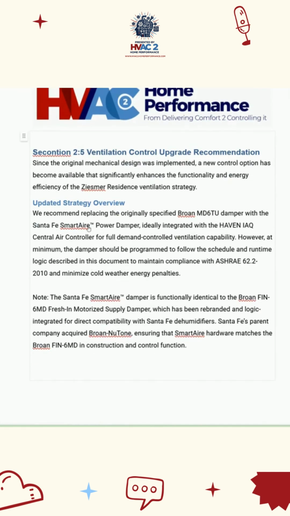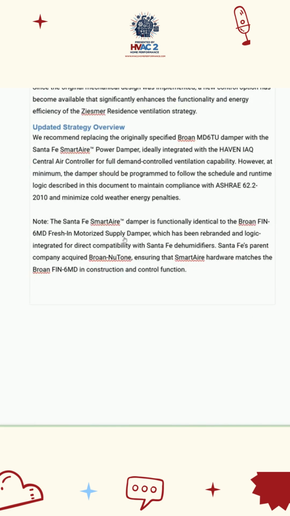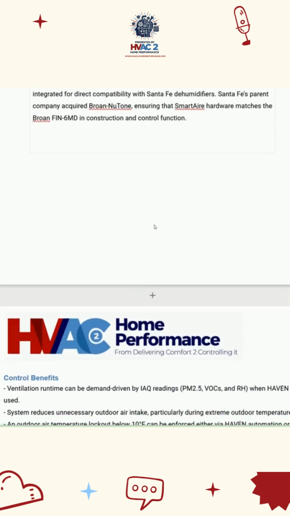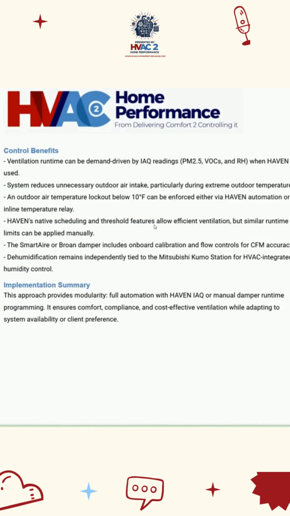You have to buy it separately, but it integrates directly with their system, so we're recommending using that brand because we are using Santa Fe, and it's available now. And then we're using Kumo Station to hook the dehumidification piece of the Santa Fe dehumidifier directly into the logic of the Mitsubishi system, so it can operate in conjunction with the Mitsubishi system.